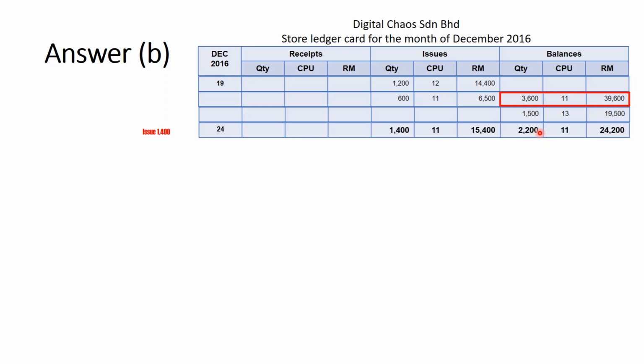So the balance is 2,200, which is 3,600 minus 1,400, then we get 2,200 at RM11. And next, we need to bring forward the balance of the stock batch 1,500 at RM30.